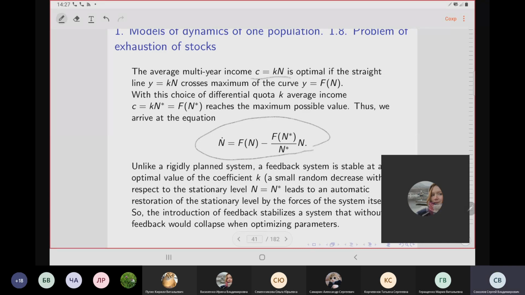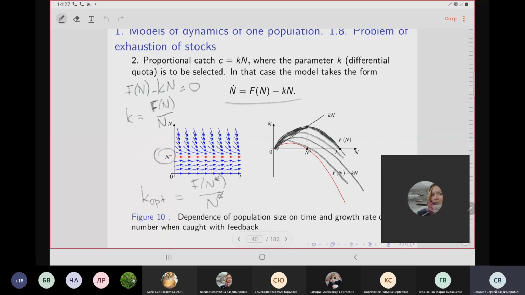So unlike the previous situation, we see that the new system with a feedback becomes stable. The point n* is globally stable. So for any initial n, the population of our fish will stabilize near n*.